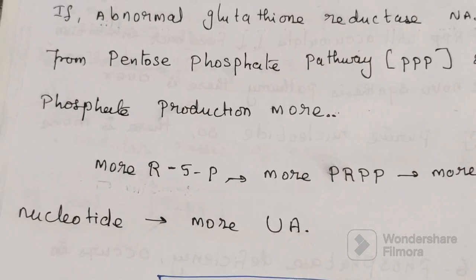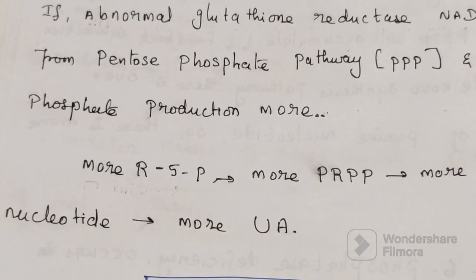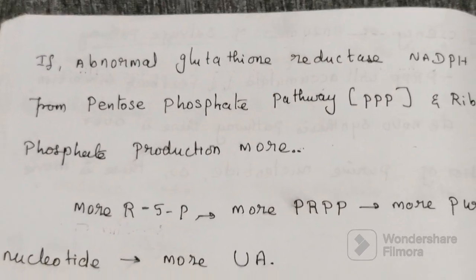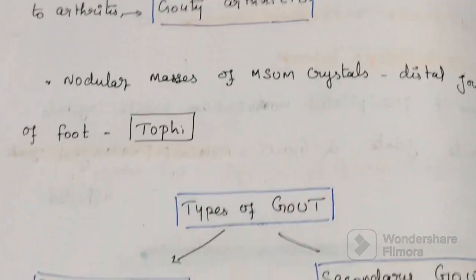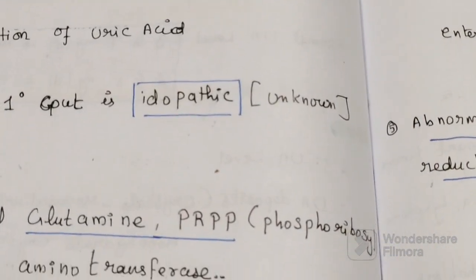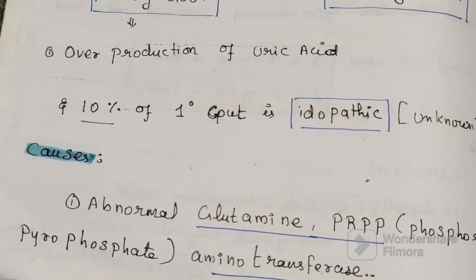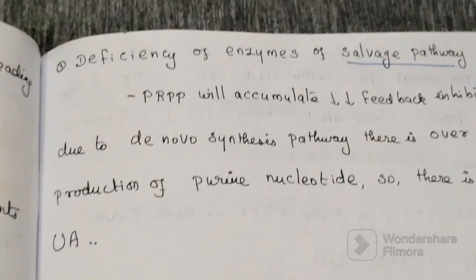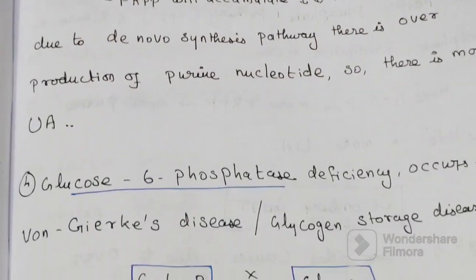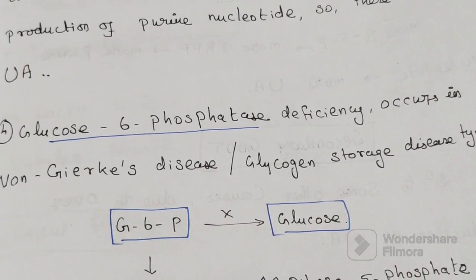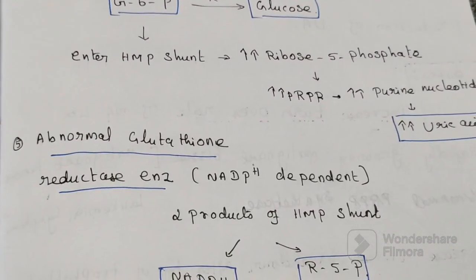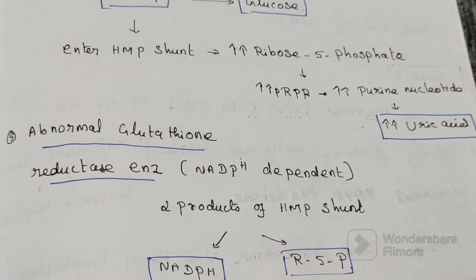More purine nucleotide means more uric acid. So these are the causes of primary gout: abnormal glutamine PRPP aminotransferase enzyme, then deficiency of salvage pathway, then absent glucose 6 phosphatase enzyme means high amount of uric acid production, then abnormal glutathione reductase enzyme.